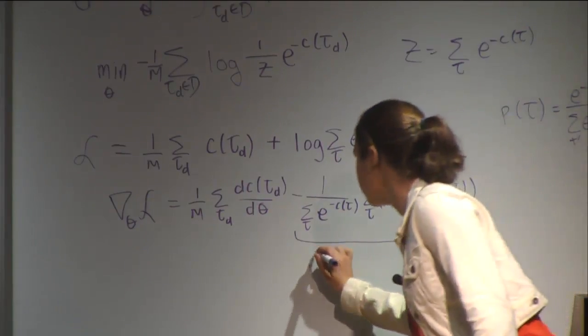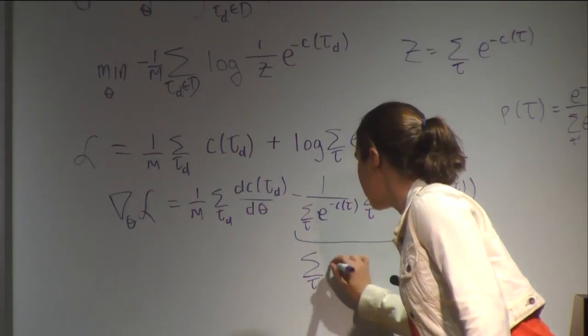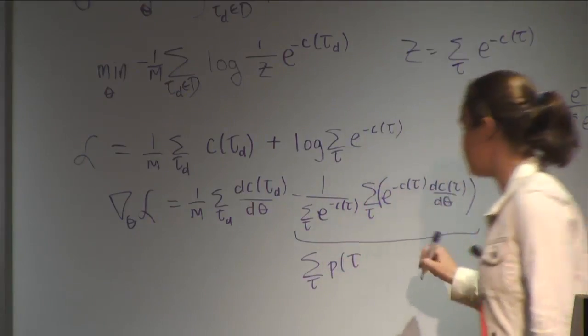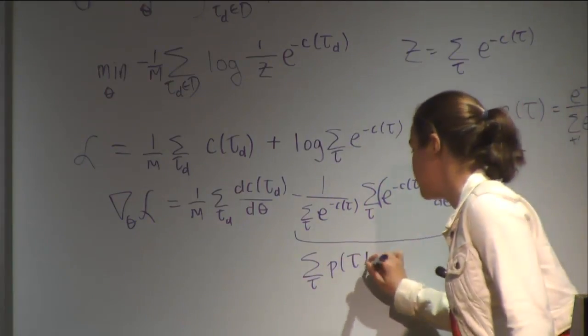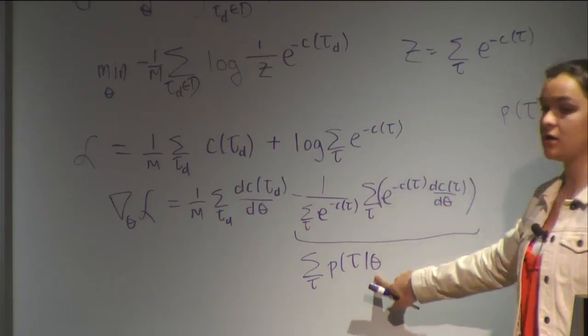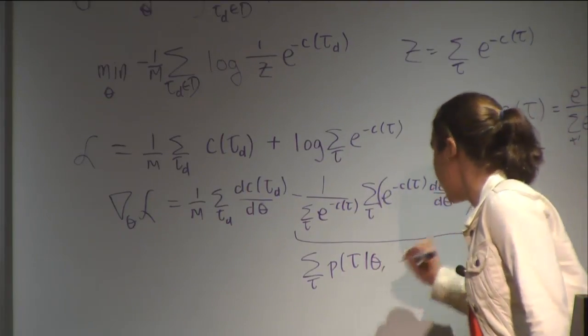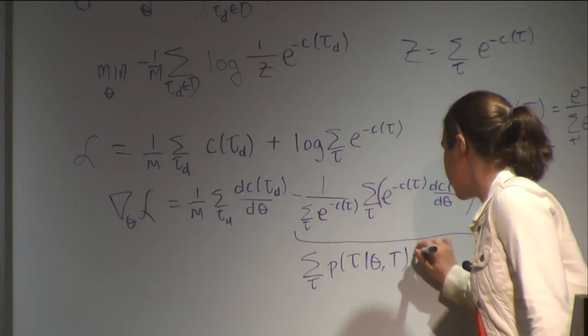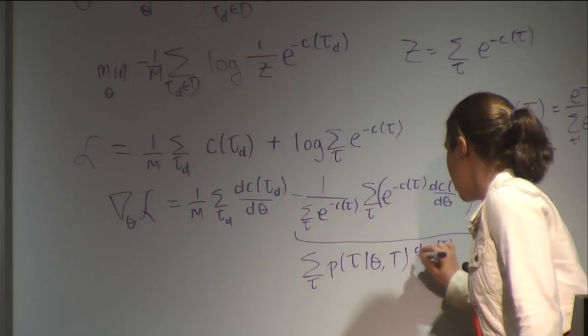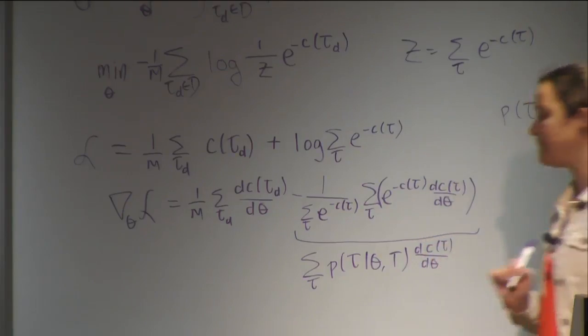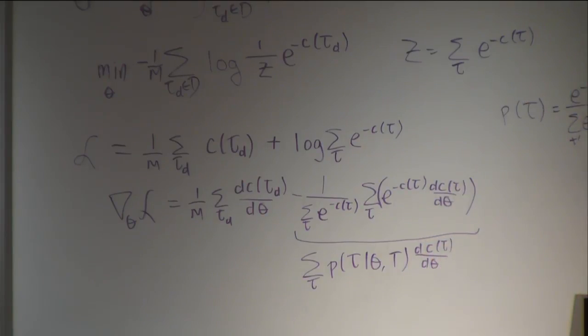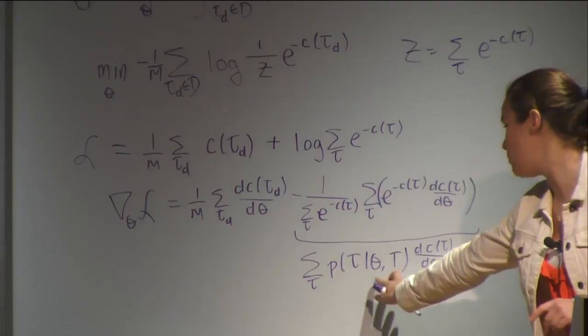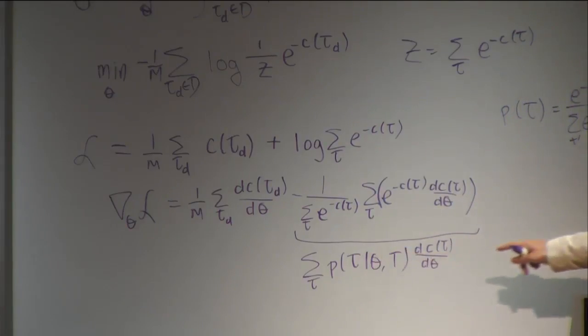So this is equal to the sum over all possible trajectories of the probability of this trajectory given your current cost function parameters theta and your transition dynamics, times dc of tau d theta. Does that make sense? First off, why does this depend on theta and our transition dynamics?